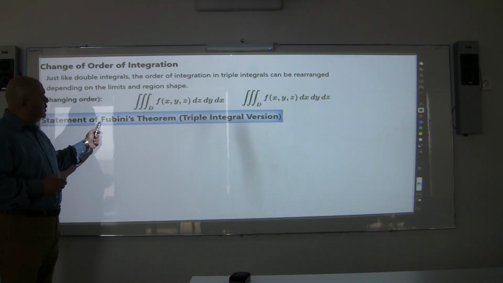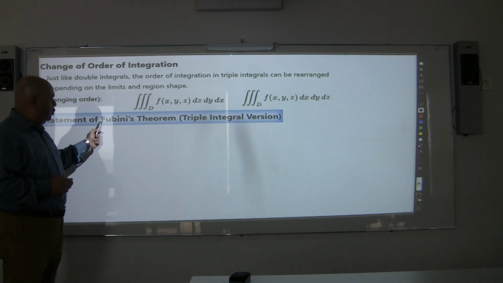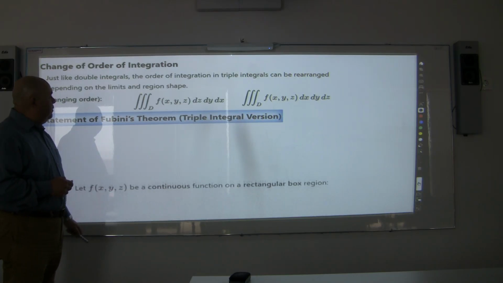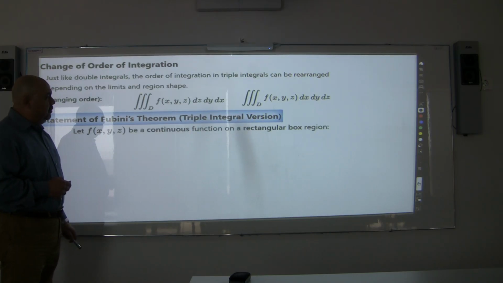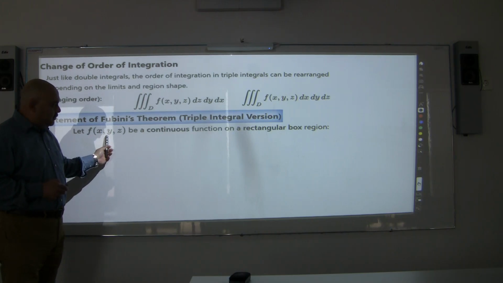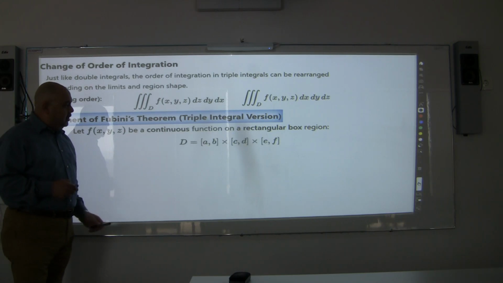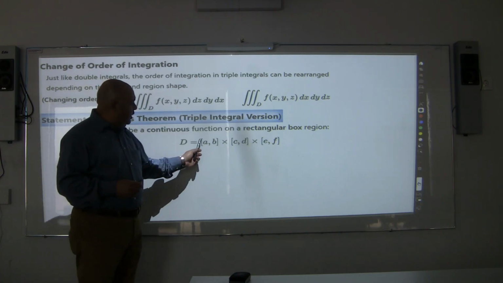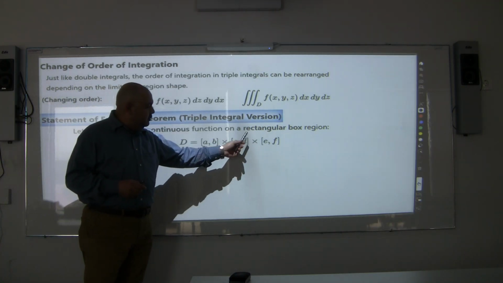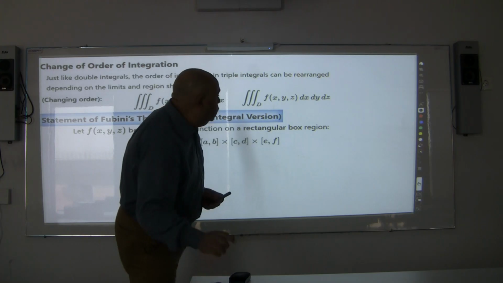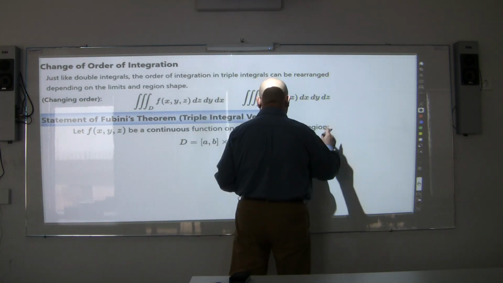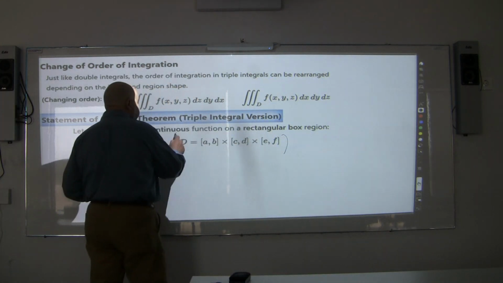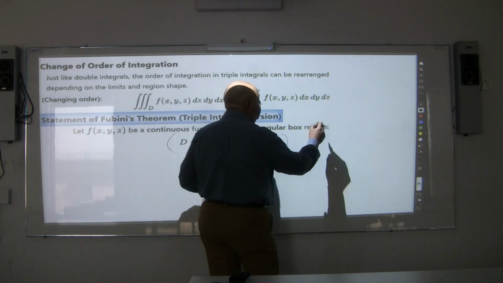Of course, this is also applicable due to Fubini's theorem of the triple integration version. So if I have f(x, y, z), a continuous function on a rectangular box, for example, if the domain is [a, b] times [c, d] times [e, f], and if I want to do an integration for an evaluation of a volume through this region, it's going to be simply like this.